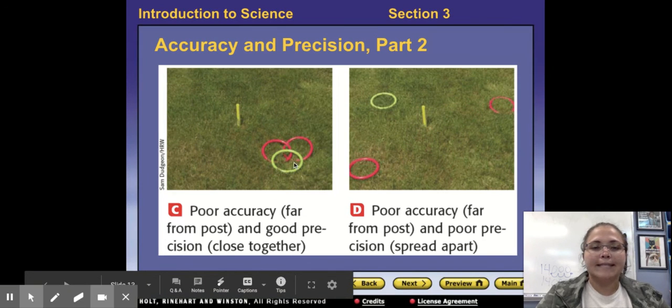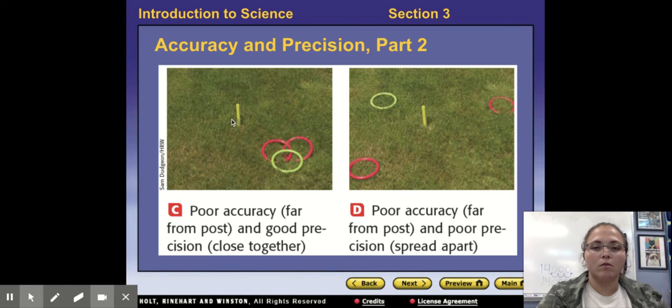Here, we're hitting the same exact place, but we're not close to the target. So this person had poor accuracy. They're far from the target, but they had good precision. They're hitting the same exact place every time. And in this picture, this person is like me if I was playing. They have poor accuracy and poor precision. They're not close to the target, and they're all over the map.